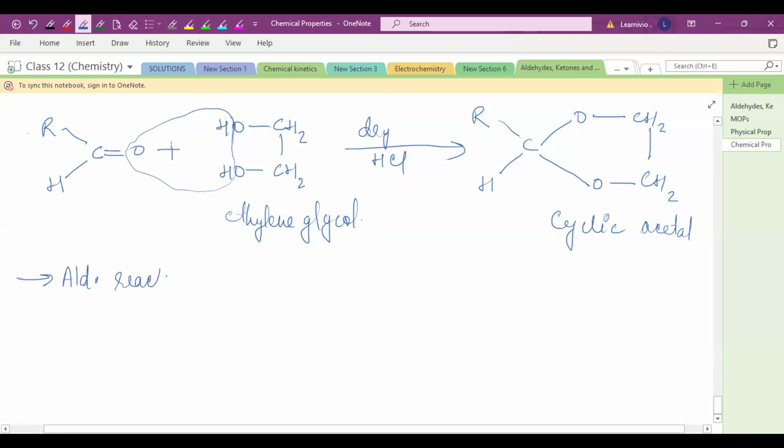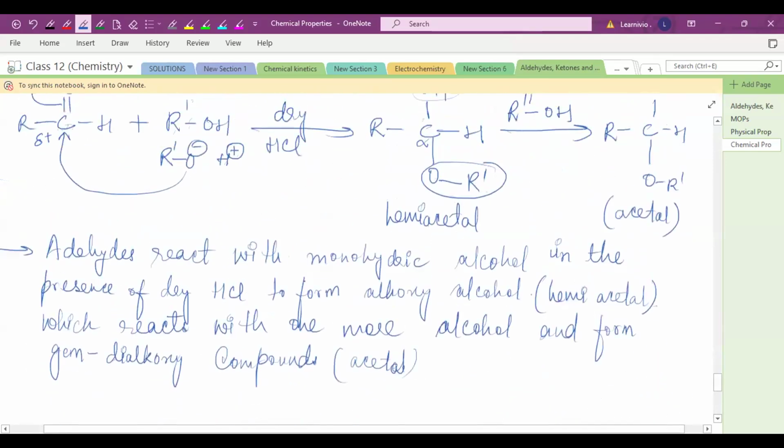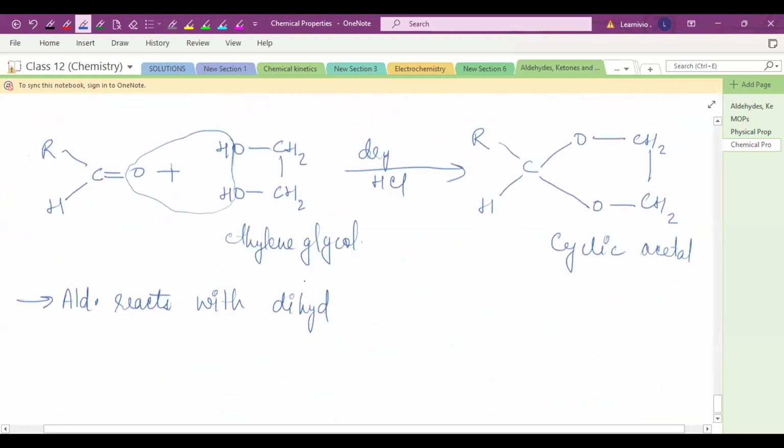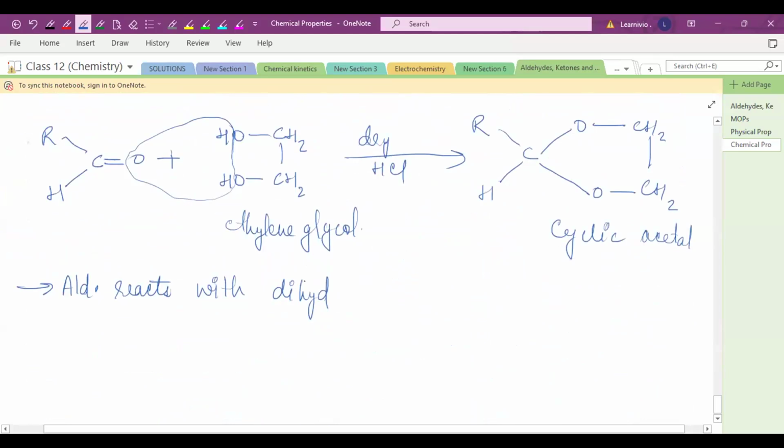Aldehyde reacts with dihydric alcohol. When the aldehyde reacts with a monohydric alcohol, it will give you an acetal, the aliphatic type of acetal. But when the aldehyde reacts with a dihydric type of alcohol, right?